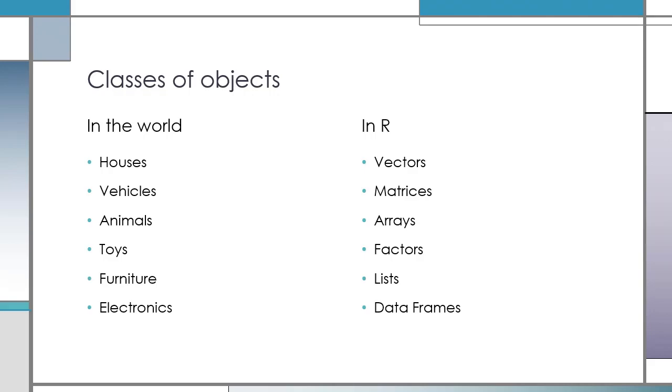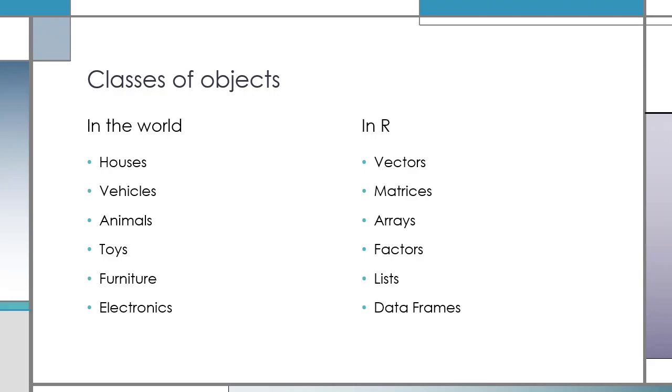There are other classes of objects in R, but these are the ones that contain data. And since we're interested in using R for manipulating and analyzing data, these are the ones that we're going to focus on the most. But every object, including functions, has a class.